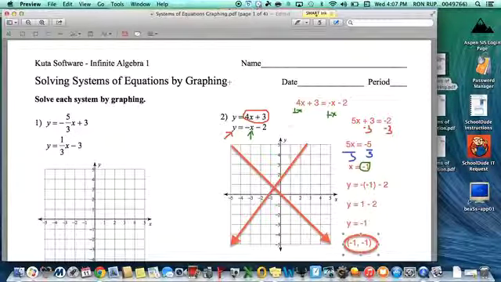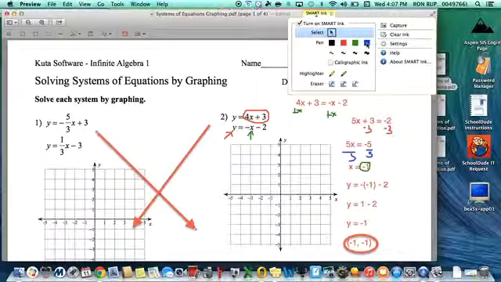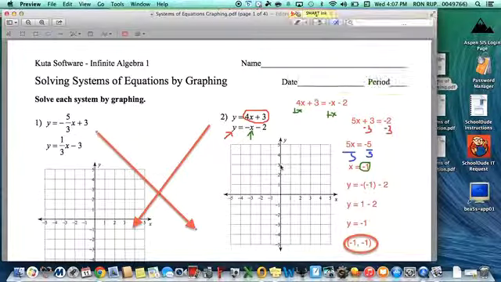And so just to kind of prove to you that you could do substitution in this case, I'm going to go ahead and graph these really quickly. I'm just going to move these lines over here for now because I might need them. So the first line I'll do in red. It starts at 3 and it goes up 1, 2, 3, 4 over 1, and so on.